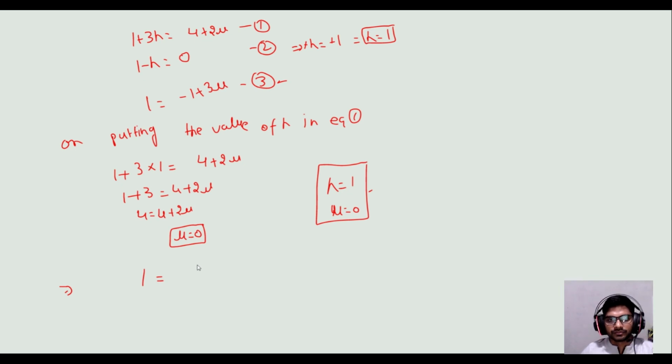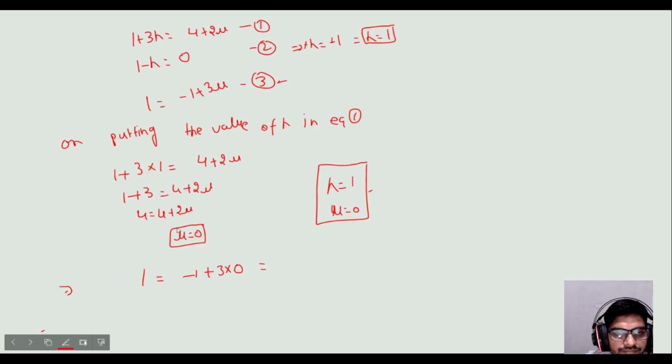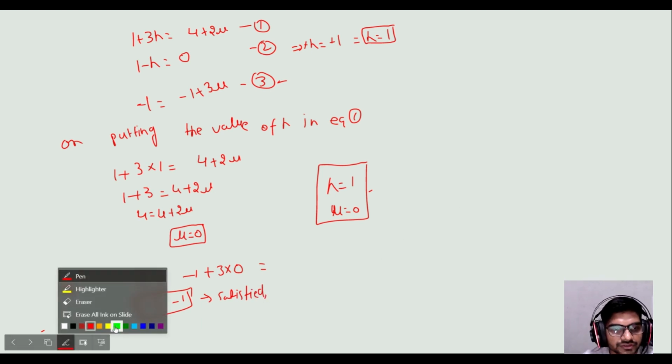Putting the values of lambda and mu in equation third, 1 equals minus 1 plus 3 into 0... so minus 1 equals minus 1. So it is satisfied.